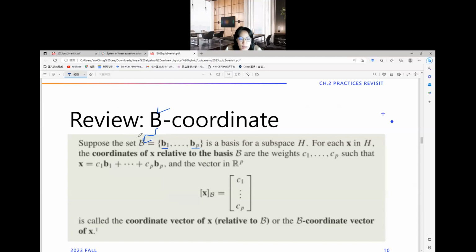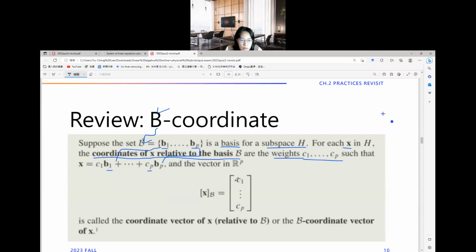This capital B is a basis for a subspace H. For each vector x in the subspace H, we say the coordinates of x relative to the basis B are the weights C1 to Cp, such that x can be expressed as C1 times B1 plus up to Cp times Bp, where Bp is the last basis vector, and C1 to Cp are scalars.